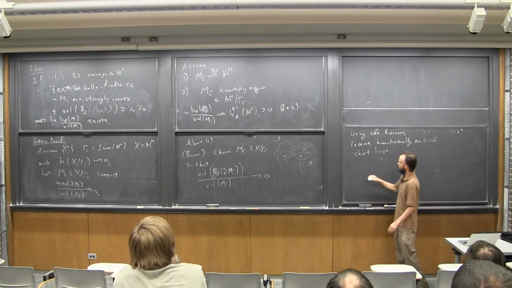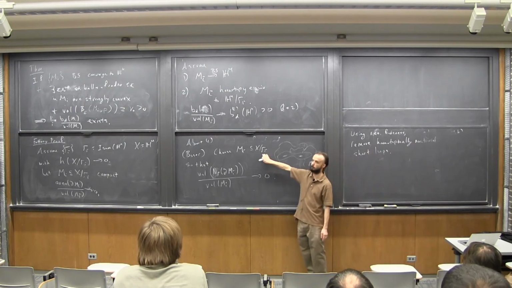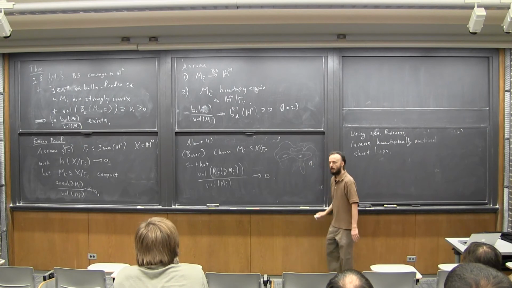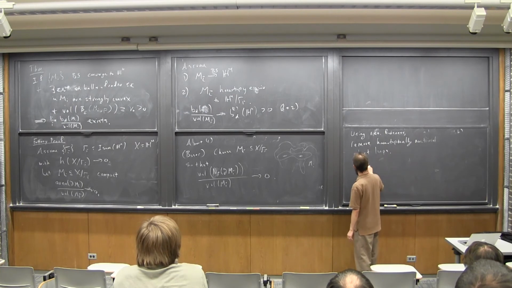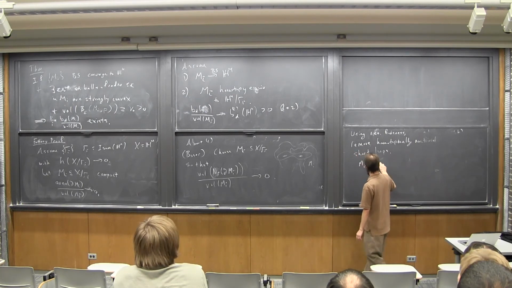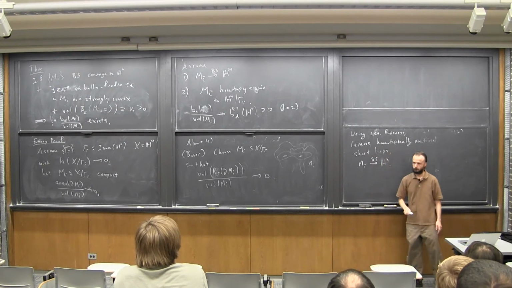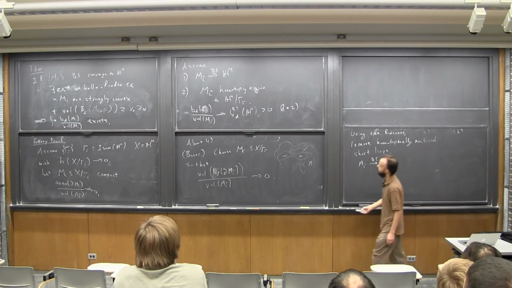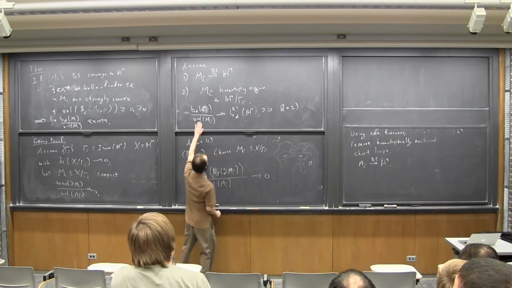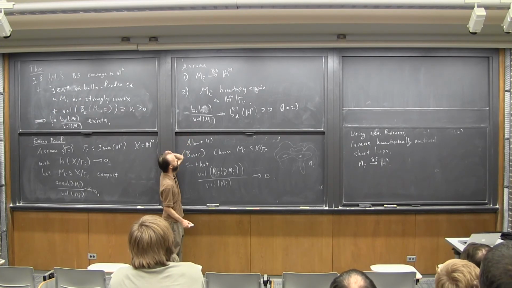So we've replaced gamma_i with a subgroup of itself, but after this is done, we now have that these M_i's Benjamini-Schramm converge to hyperbolic four-space.